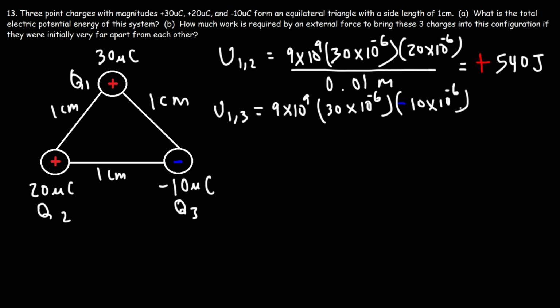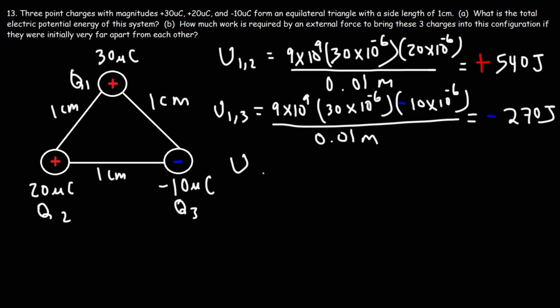The electric potential energy can be negative, so keep that in mind. So for the potential energy between charges 1 and 3, you should get negative 270 joules.